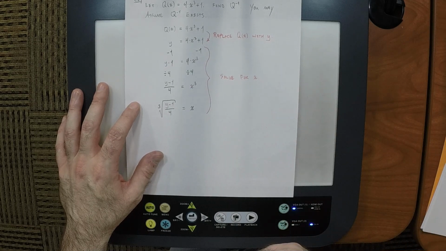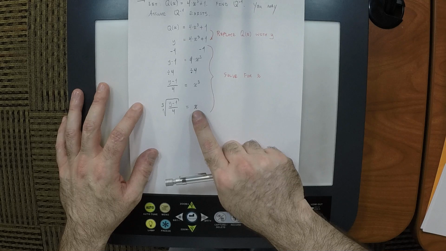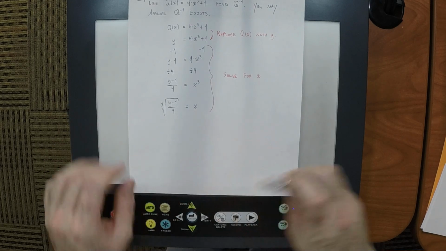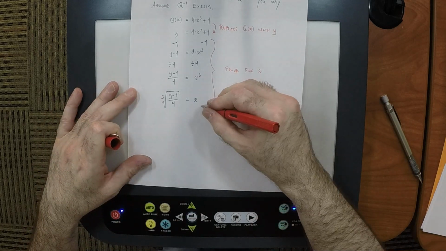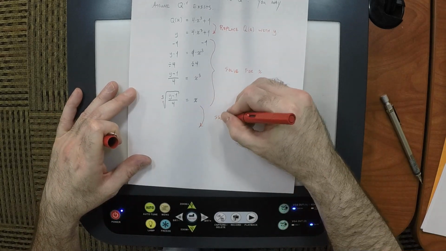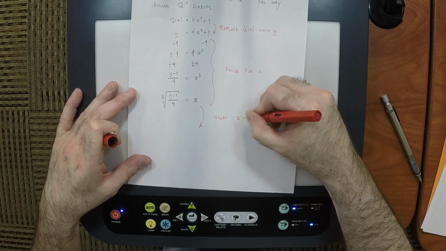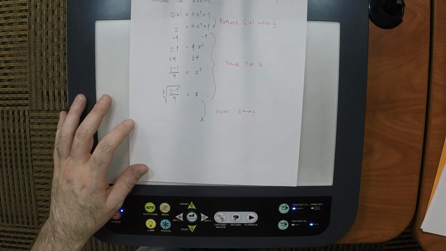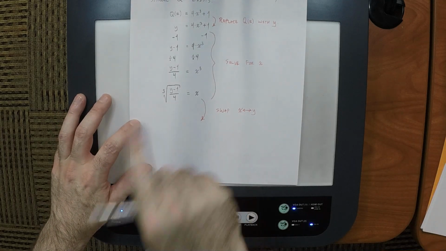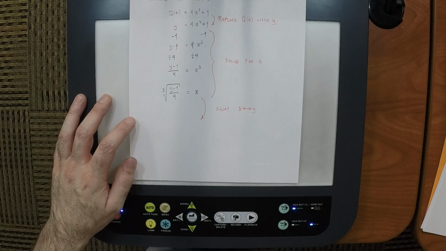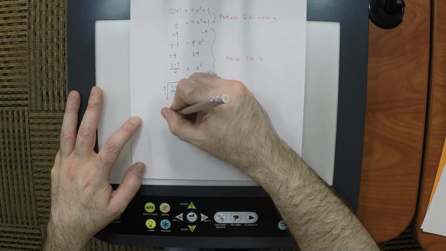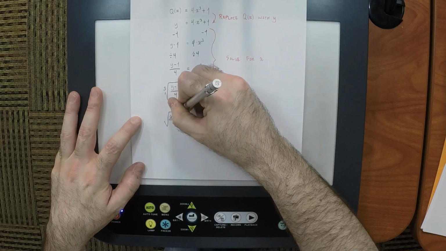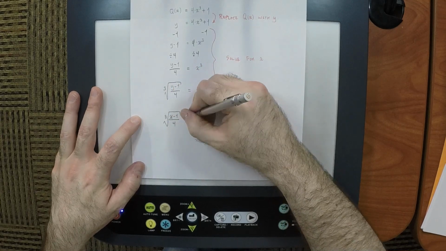So now we're going to do that last thing, and that is that now that we have x solved for, we're going to swap x's and y's. Which is to say, we're going to write down exactly that formula, except everywhere that we see y, we'll write x, and everywhere we see x, we'll write y, so that it looks like the cube root of x minus 1 over 4 is y.